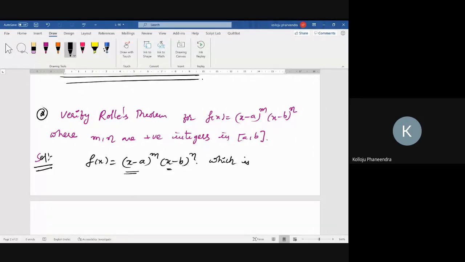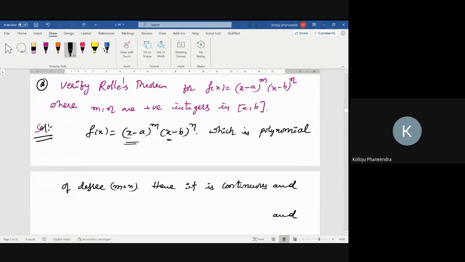So it is clearly a polynomial, of degree m plus n. Hence, every polynomial is continuous and differentiable. Hence, it is continuous and differentiable everywhere.